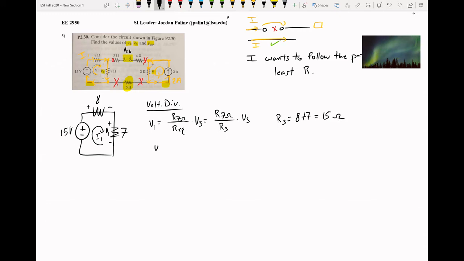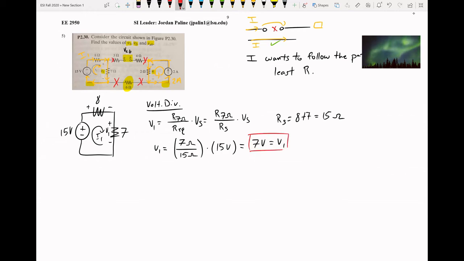So V1 is equal to 7 ohms over 15 ohms times 15 volts, and this will give us 7 volts for V1.